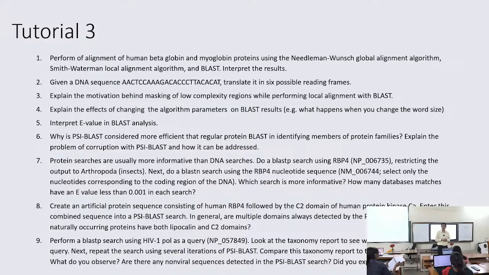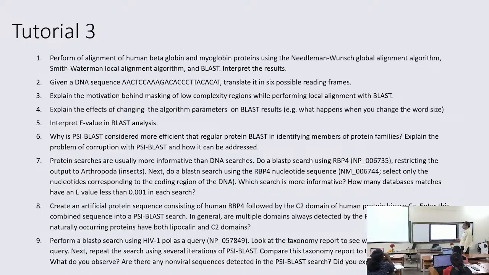Because of this, it becomes more sensitive in identifying members of a protein family, and thus likely the distant relatives of the query protein as well. Remember, PSI-BLAST is only for protein comparisons, not DNA. Okay, very good. Next question.